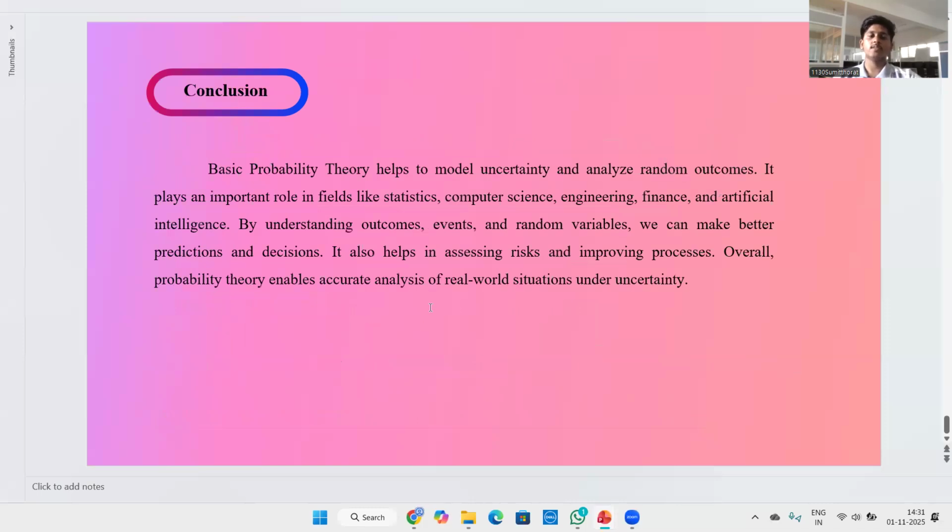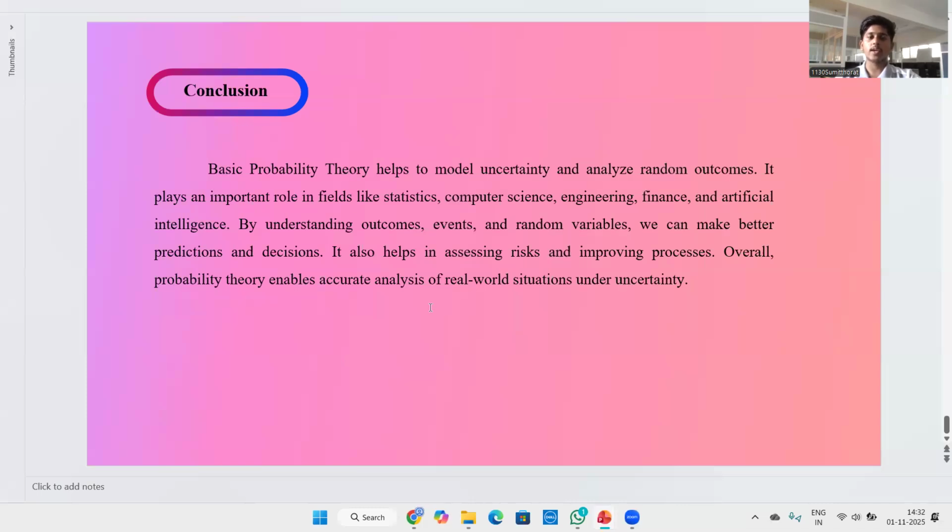Now, at the end, we see the conclusion. Basic probability theory helps to model and analyze random outcomes. It plays an important role in fields like statistics, computer science, engineering, finance, and architecture. Probability theory is a science of uncertainty. It helps model random behavior and support reasoning under incomplete information.